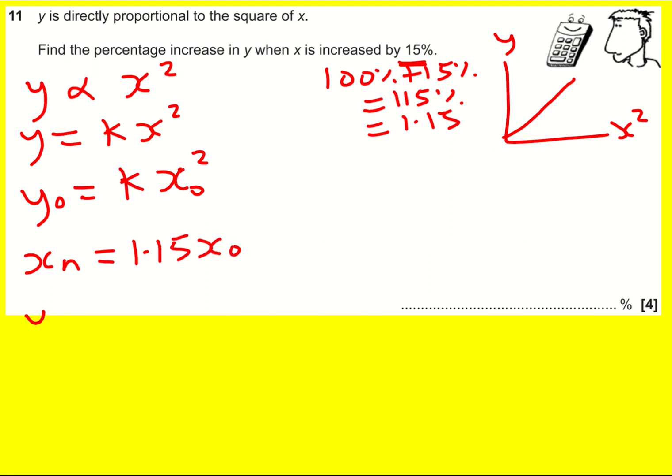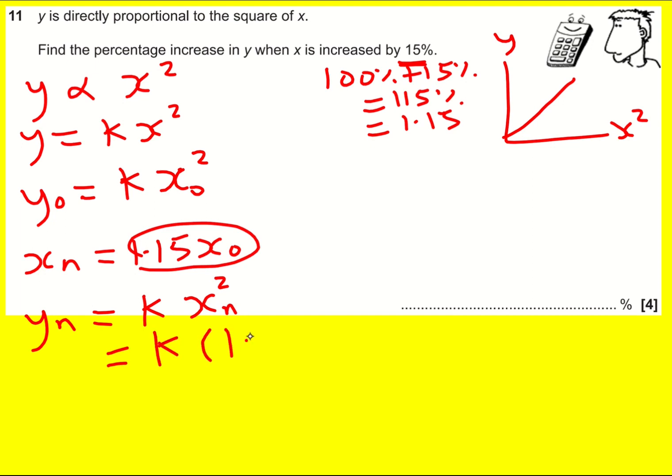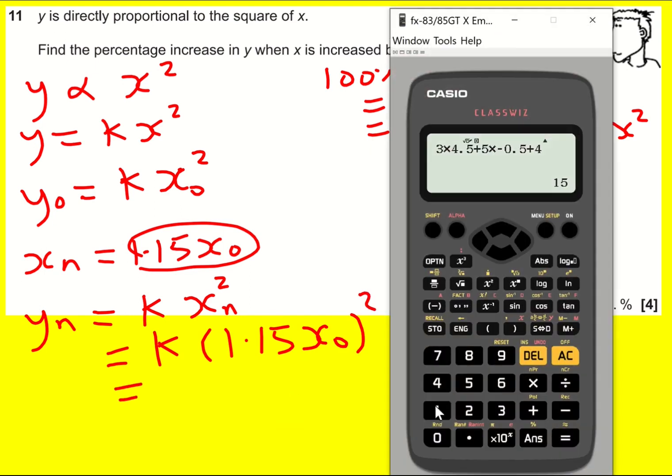So right now the new y is going to be k times the new x squared, and I can substitute this in. So it's going to be k times (1.15 x old) squared, and now I can square my 1.15. 1.15 squared gives me 1.3225.